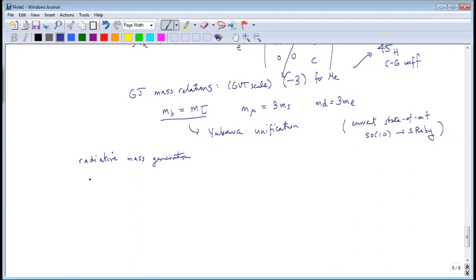There's also this idea of extra dimensions and localization, which I'm not going to have time to cover. Another way, these are basically suppression mechanisms. There's also, for example, in the context of string constructions, one can have exponentially suppressed Yukawas.